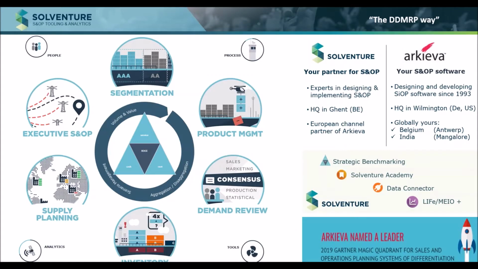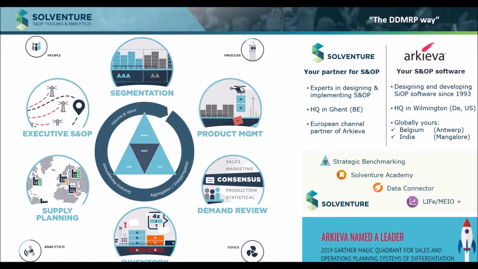Solventure is actually a company specialized in sales and operations planning. We don't really see it as a standalone island in the company, so that's why we also make the link between S&OP and the company's strategy, which we call strategy-driven S&OP.